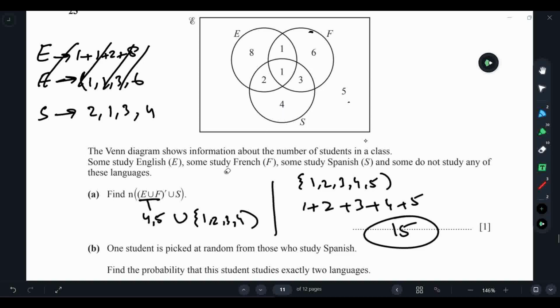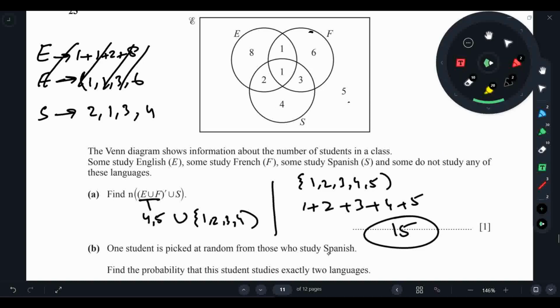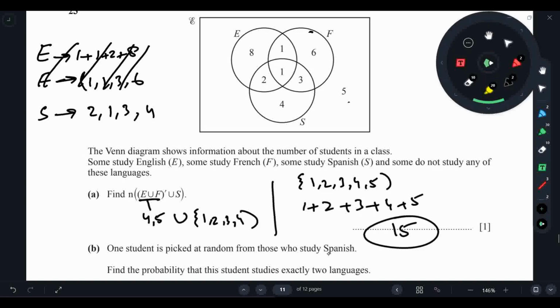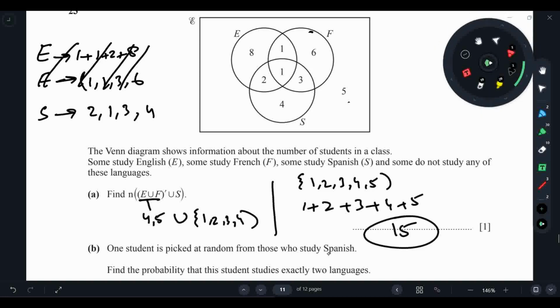So one student is picked from those who study Spanish. The total number of students who study Spanish is 10, because 4 plus 2 plus 1 plus this. We must pick among those students who have studied Spanish.